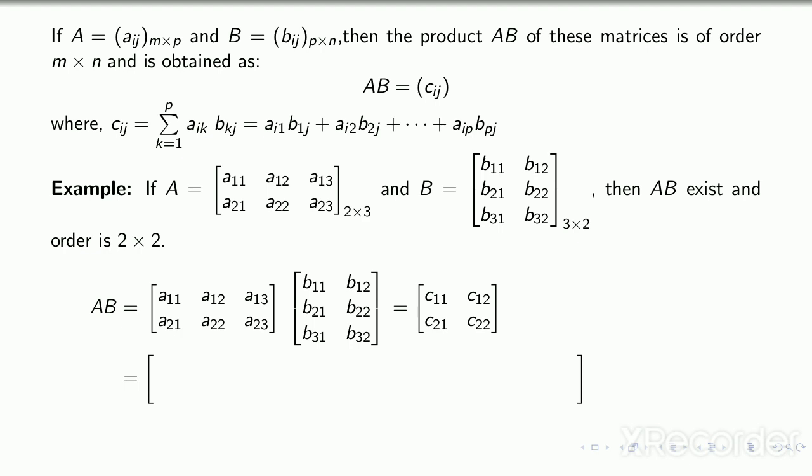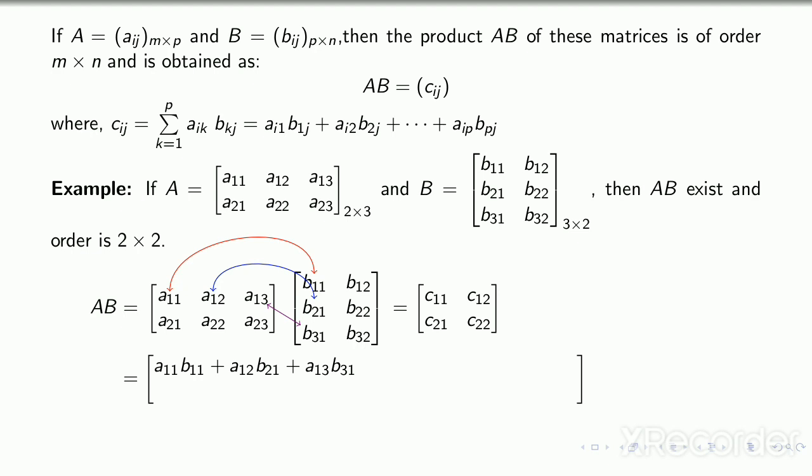That is, C11 is obtained as: first you take the multiplication of A11 into B11 plus A12 into B21 plus A13 into B31. So this is the value of C11.